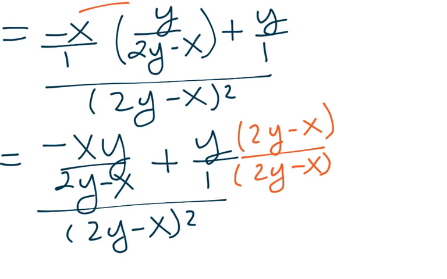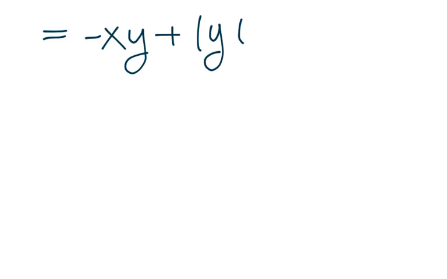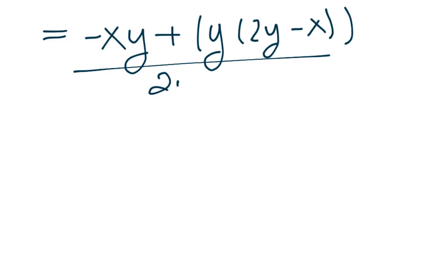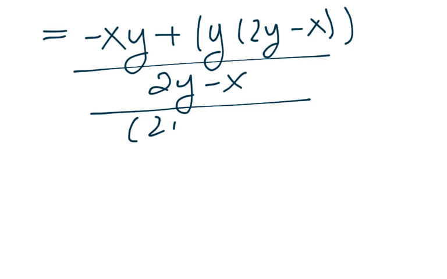So what you will get from that is negative xy plus y times (2y minus x), over 2y minus x, all that over (2y minus x) squared.